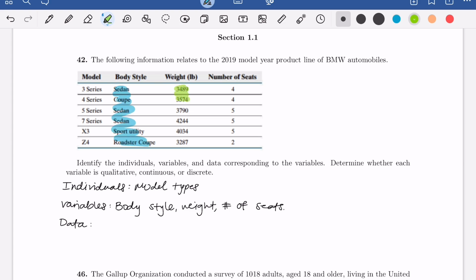The data for the weight is everything in green. And the data for the number of seats is everything in this orange here. So I'll say it's the listed observations for each variable, and this is in the table above.